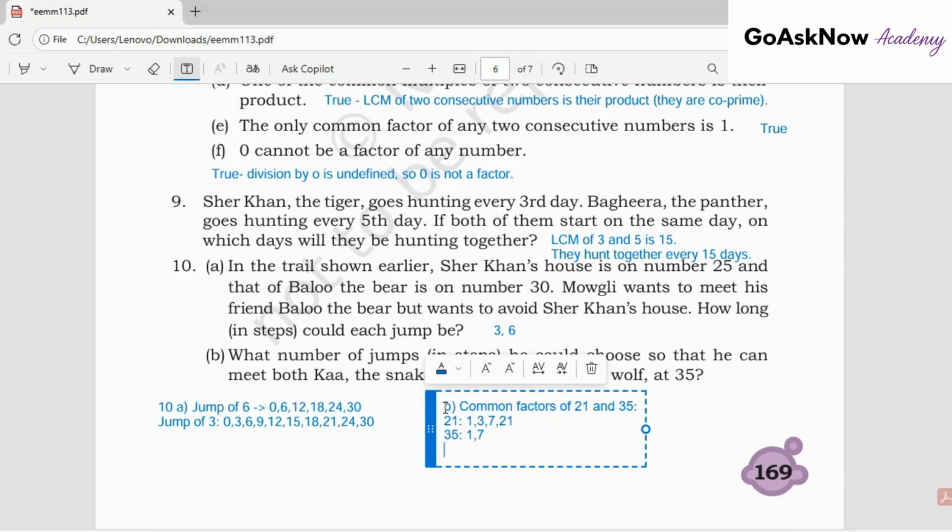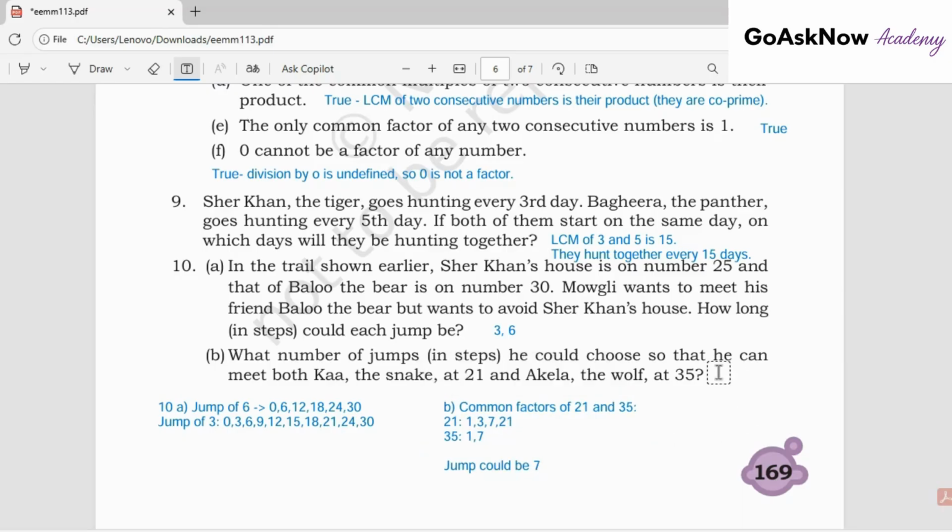Choose the largest common factor, so fewer steps are needed. So 7 is the correct one. The jump would be 7 steps. Here, the answer is 7 jumps.